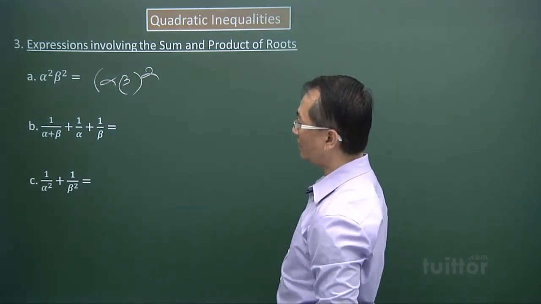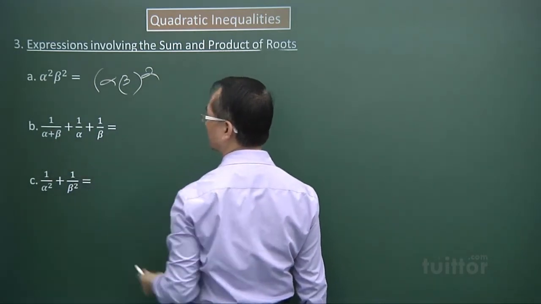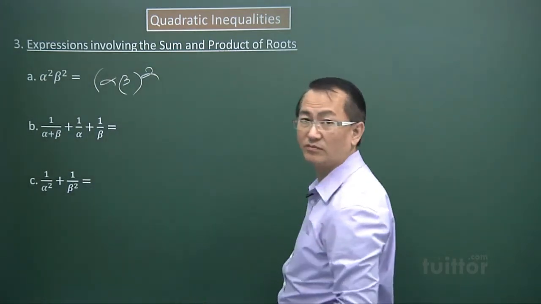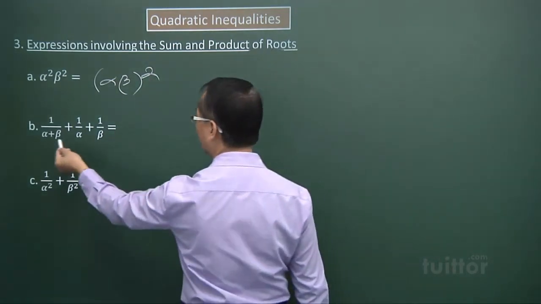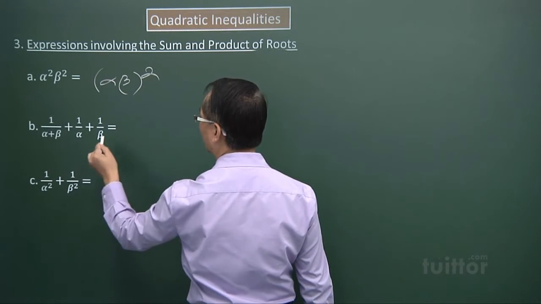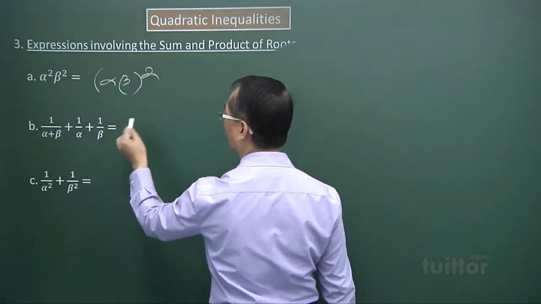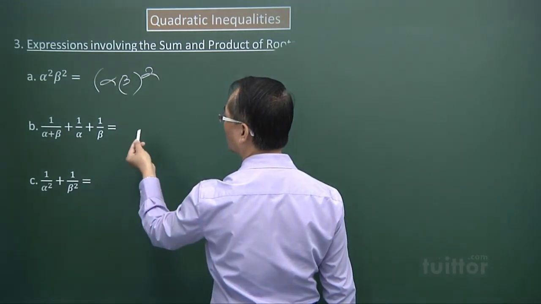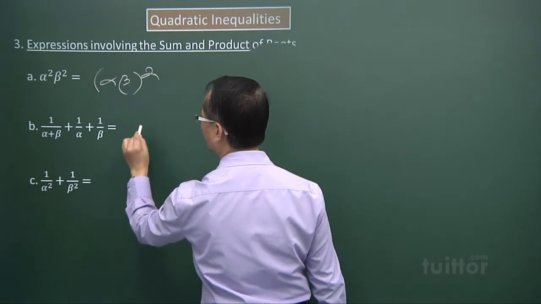The next one, we have three fractions here involving alpha and beta. If I just combine that, making the denominators all the same, for the first fraction I will have to multiply alpha beta to the numerator and to the denominator.